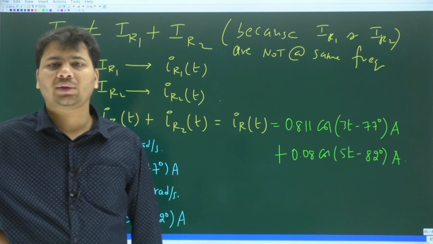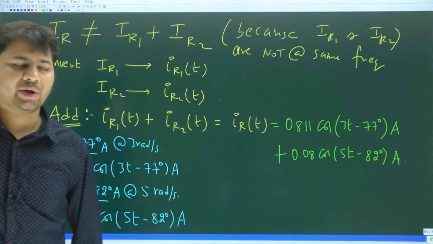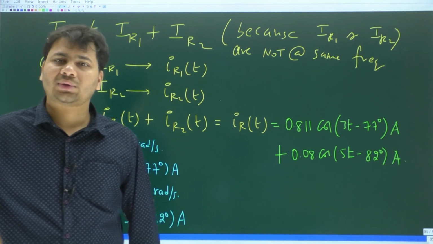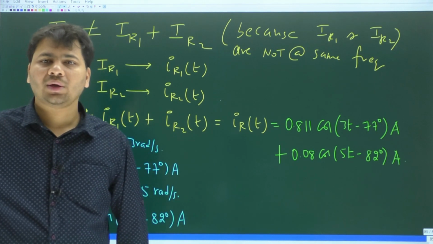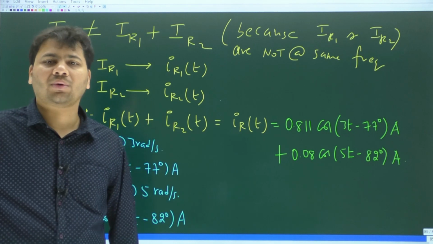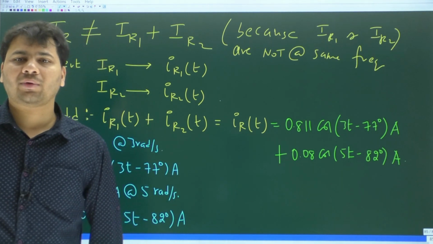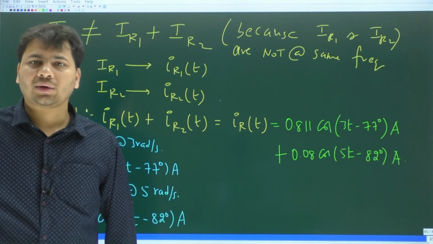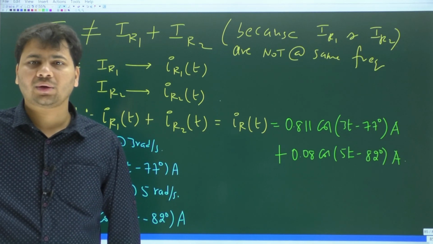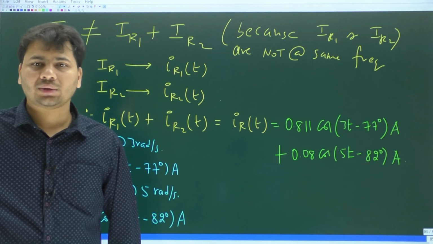So initially we did the analysis in the phasor domain, and because both the sources are not at the same frequency, we have no other option but to use superposition. And when we do superposition, we will get the phasor current flowing through the resistor due to each individual source.